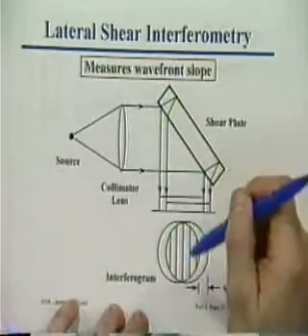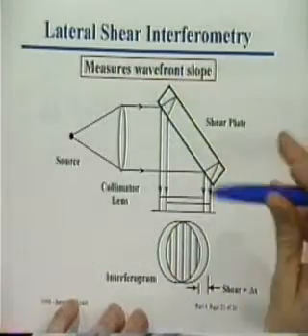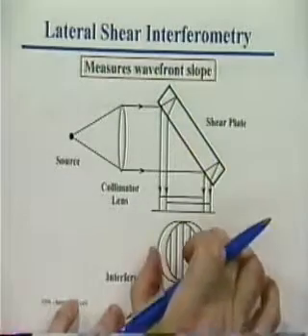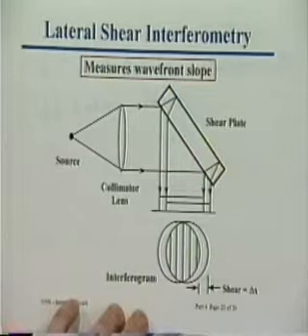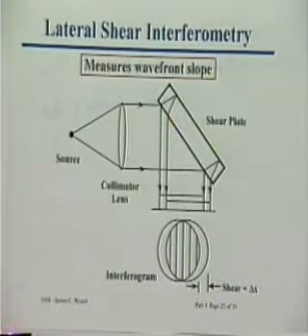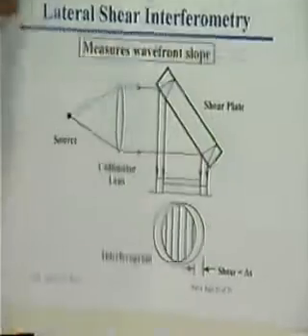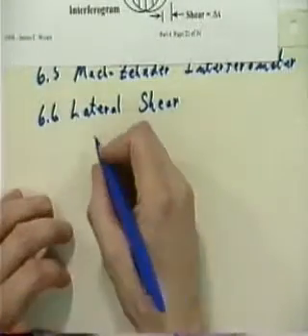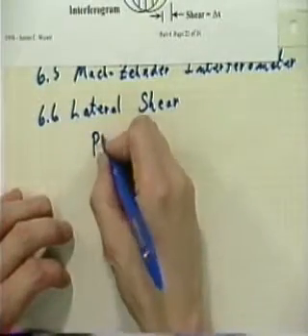If other aberrations are present, the fringes will have a different shape. But we just have a lateral shear between the two interfering beams. In this case, the shear is delta x. This is called a plane parallel plate interferometer.